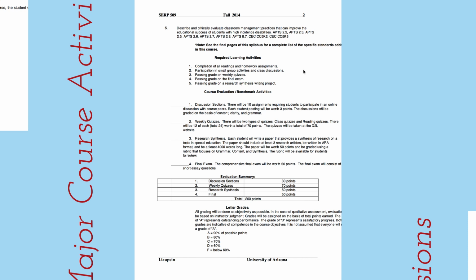So the major things you're graded on here are discussion sections, and there are at least 10 assignments requiring you to participate online. And you'll be in groups of 3 to 4, and sometimes you'll actually be tossed in with the undergraduates into some small discussion groups online, and sometimes you'll just be with other graduate students, and I'll let you know when that's happening.